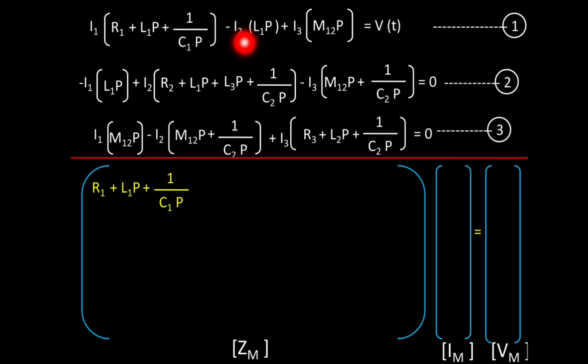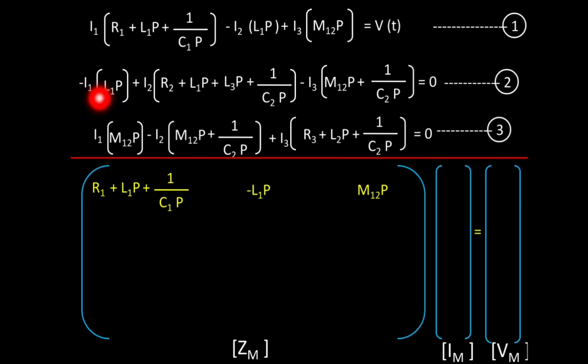Then what is there with I2? That is L1P, but the sign is negative, so we will take minus L1P. Then what is the term with I3? M12, and that is positive, so M12P. Now for filling the second row, we will use equation number 2.